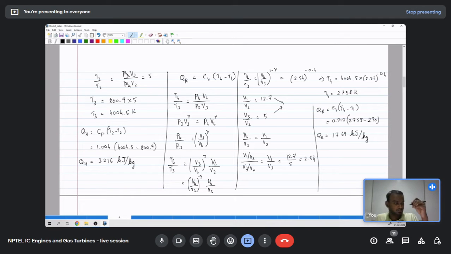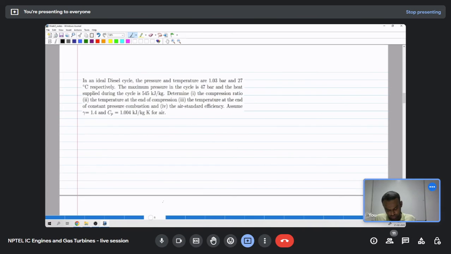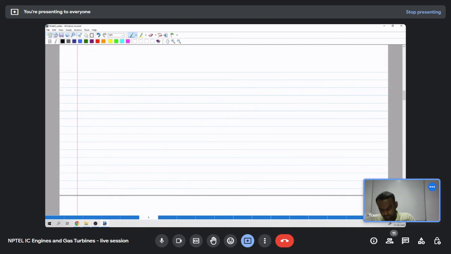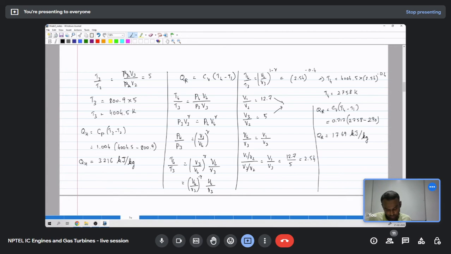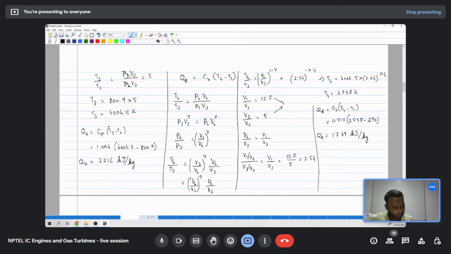Now I said there is another way where we can also calculate, so we would go through that one. So QH is 3216 kilojoule per kg and efficiency is given as 45%.